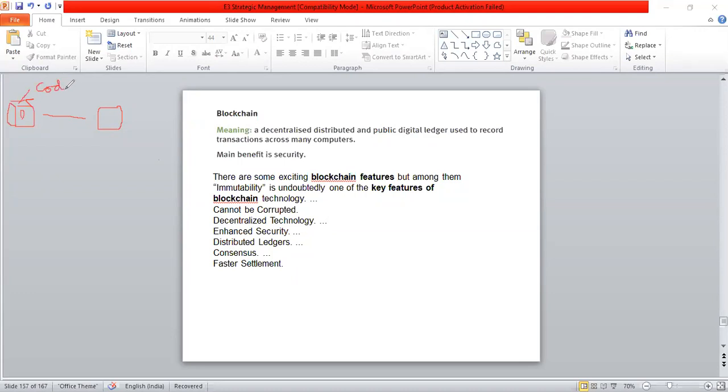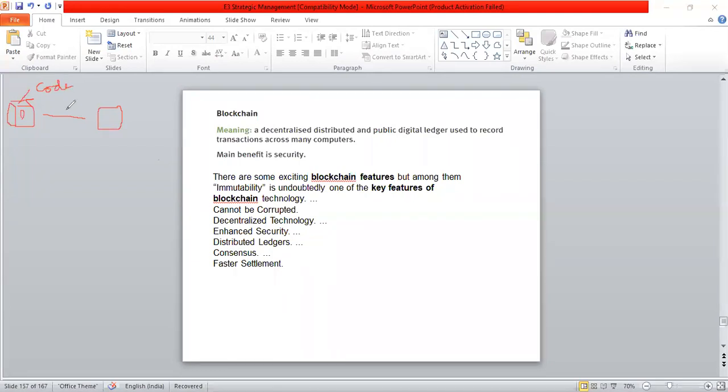It protects the data in a way that it cannot be changed, cannot be altered, nothing can be done with it. It's sealed with a code, something like a fingerprint, which is unique to every individual and doesn't match with others. Similarly, whatever code or print is used, the block is sealed with it.